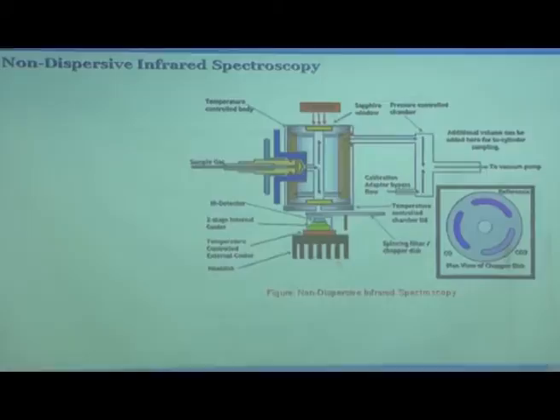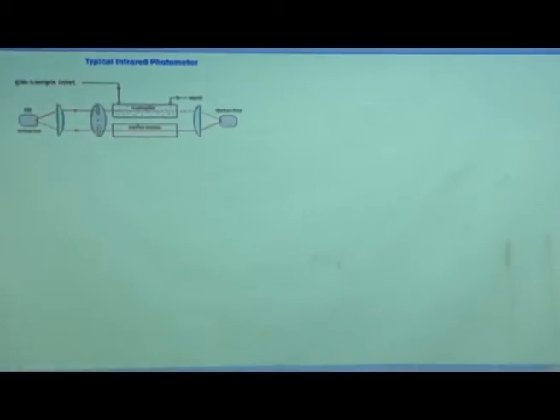So, first let us discuss the non-dispersive infrared measurement technique, or NDIR spectroscopic technique. I think I will skip this figure, it is more complicated, and I will show you a simpler figure.